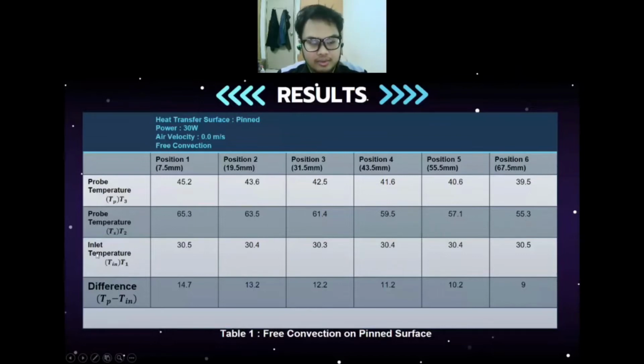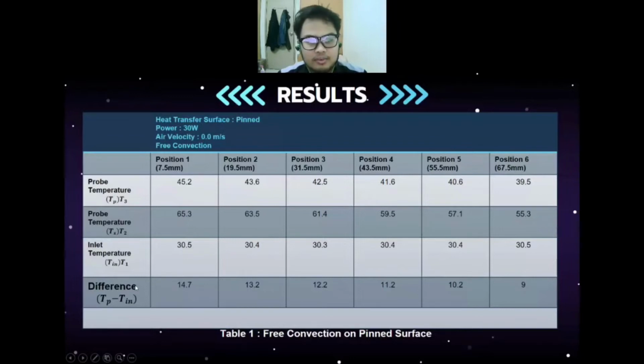But for the inlet temperature Tin, T1, you can see the change is very little and not really big. It decreases by 0.1, then it is maintained until position 5. Then at position 6, it has the same temperature as position 1.